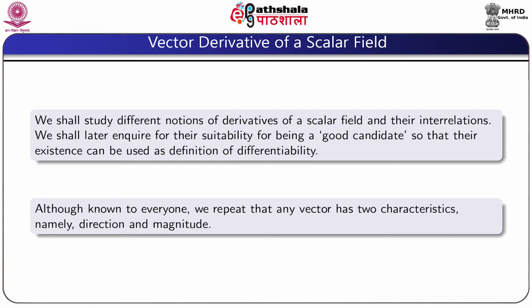Later, we shall inquire for their suitability for being a good candidate so that their existence at a point can be used for definition of differentiability of that scalar field at that point. We repeat that any vector has two characteristics, direction and magnitude.